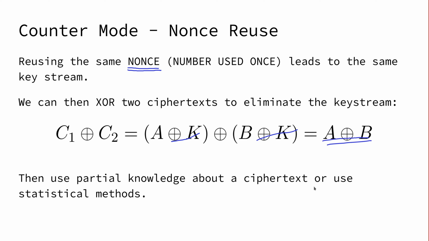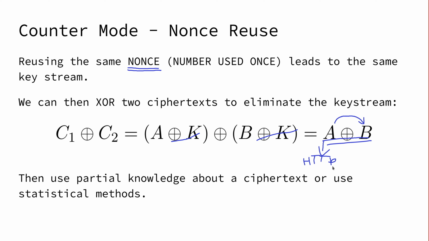Now if we know some parts of the plain text, for example, because we know the protocol, let's say we know that they use HTTP, and obviously the first bytes will be HTTP in this protocol, then we also know the first 4 bytes of the other plain text, since we can just XOR this value here with HTTP.